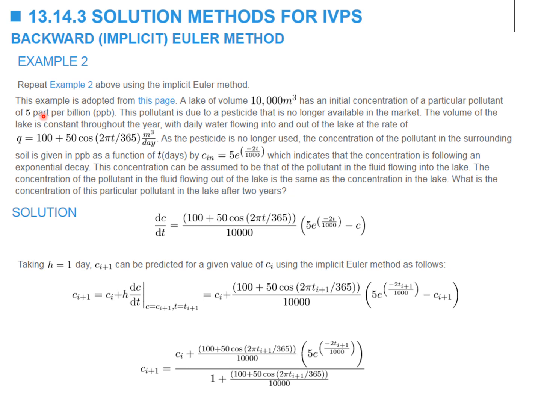Using the initial conditions, we know that when the time was 0, the concentration was given as 5 parts per billion. Knowing that, we can advance in time and see how the concentration changes every day.